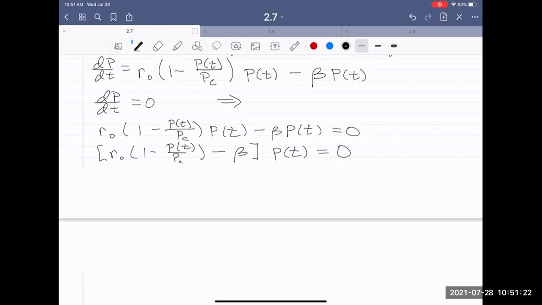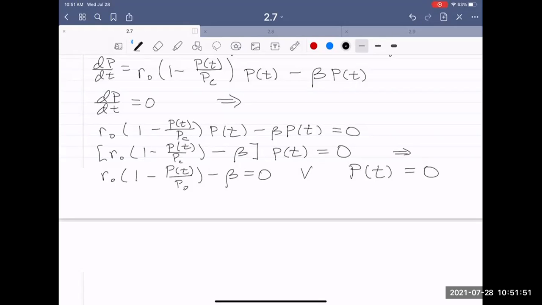First off, I don't want P of t to equal 0. So this implies that R0 times (1 minus P of t over P sub C minus beta) is 0, or P of t is 0.